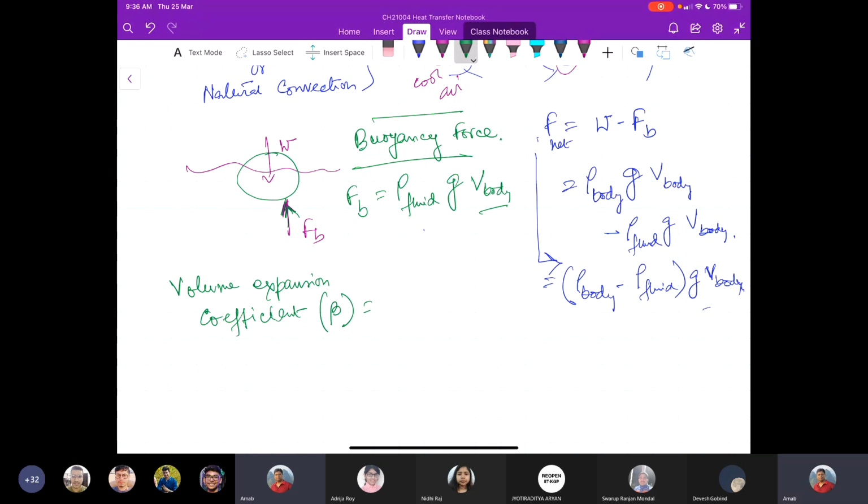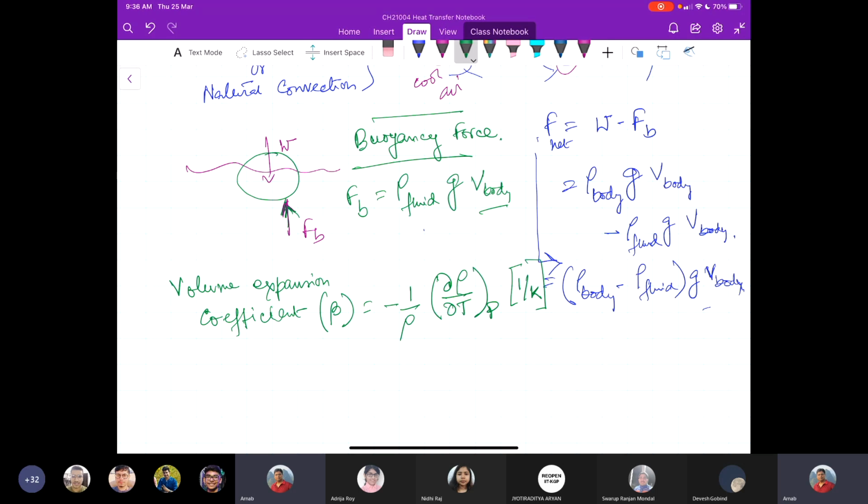And this is defined by beta equals minus 1 by rho, del rho by del T at constant P. This has a unit which is 1 by K. So, the volume expansion coefficient.